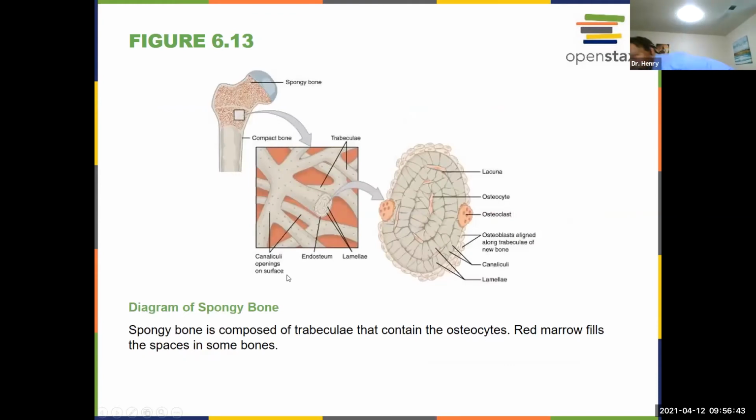Okay, so this is basically just a picture of the spongy bones, right? And so you'll notice that the red marrow is basically going to be filling, and you can kind of see it here, it's going to be filling the open areas of the spongy bone.